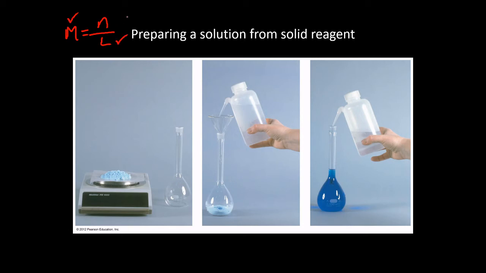Then what you need to do is work out how many moles of the material do I need to accomplish that? What would be my n value here? What's the number of moles? You'll find that number of moles, convert it to grams, and you would just weigh out that amount of material. That's what they're doing here.